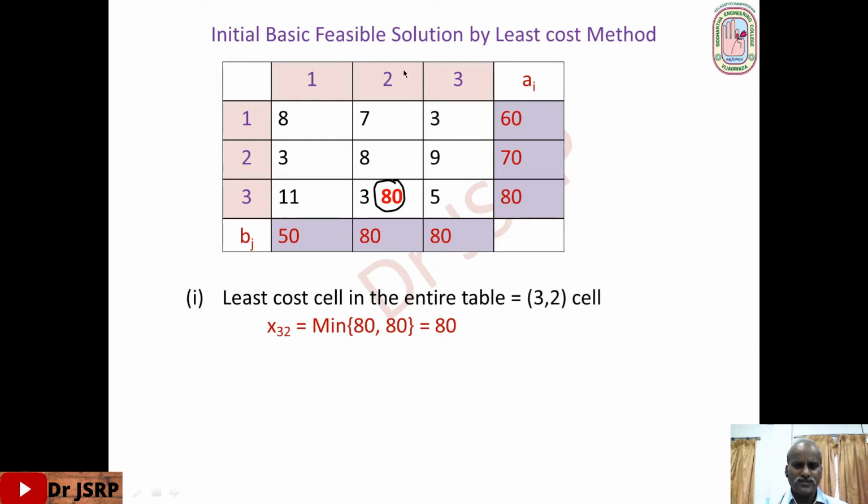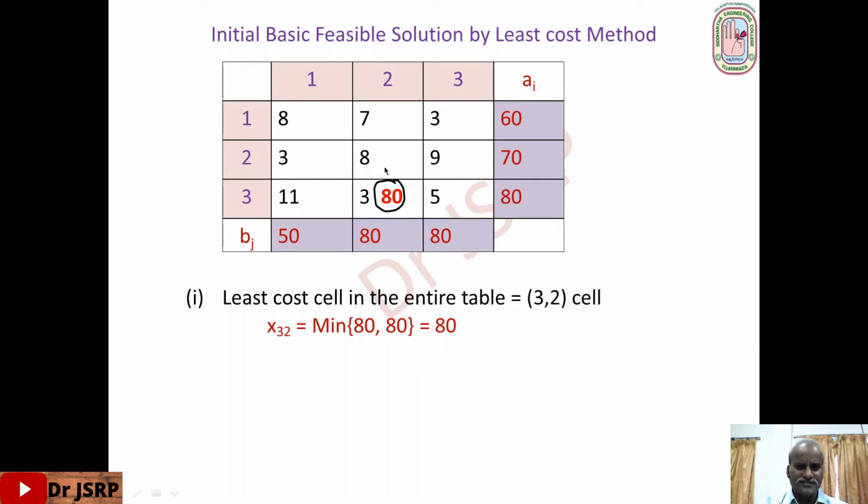In other words, all the required amount at the second destination is fulfilled from the third origin. That means both the column constraint and the row constraint are satisfied. So this is the third possibility. That means in this case we get a degenerate solution. Okay, how do we overcome this degenerate solution?